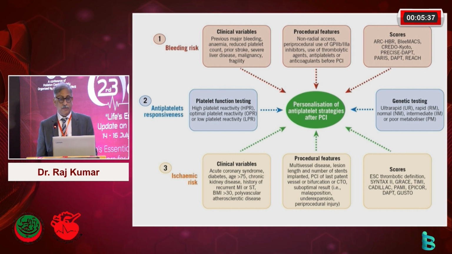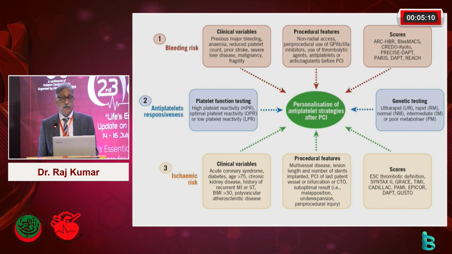I don't want to go into the detail of each, but we need to assess the bleeding risk by these 3 factors. At the same time, we should also note the antiplatelet responsiveness. A few patients are non-responders, having resistance to aspirin. So we need to assess platelet function by platelet function testing and genetic testing.